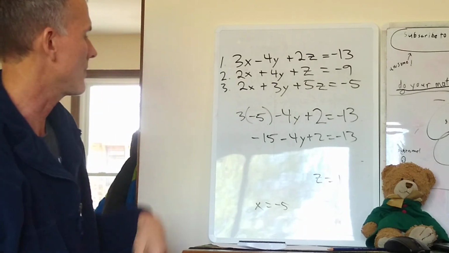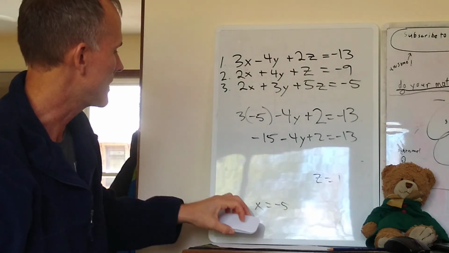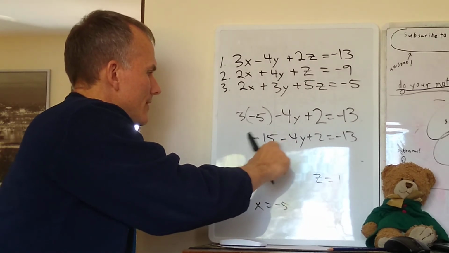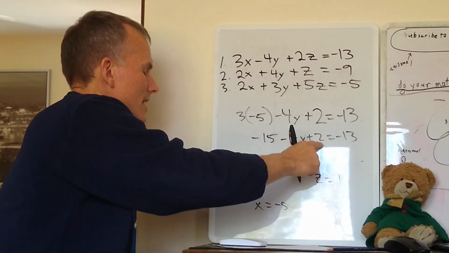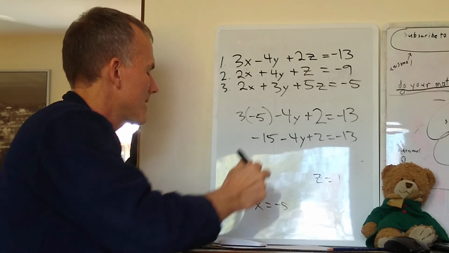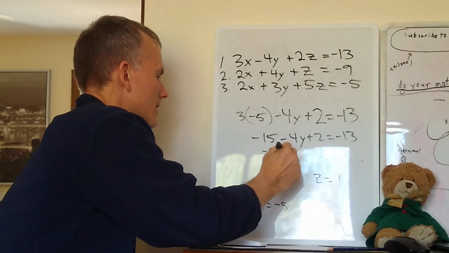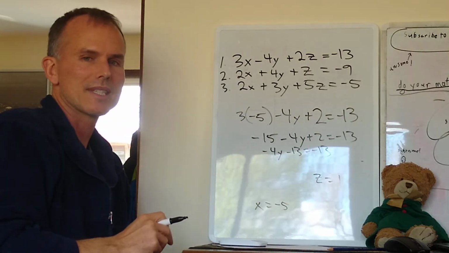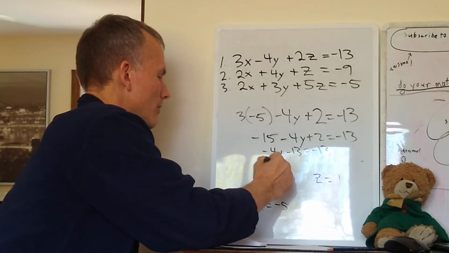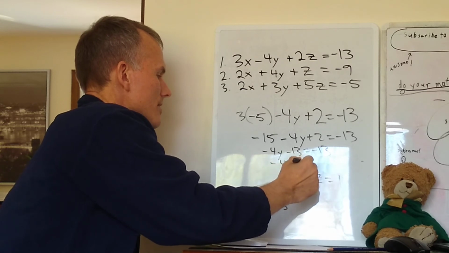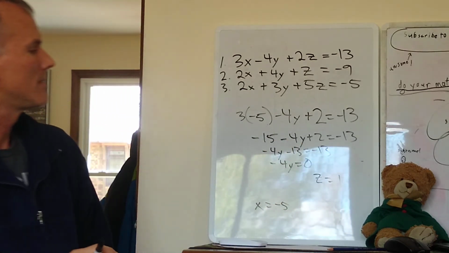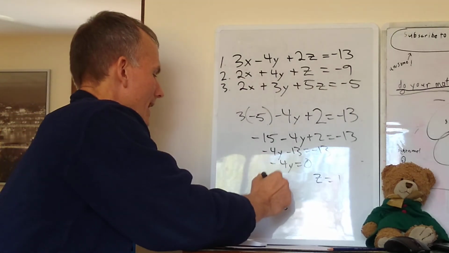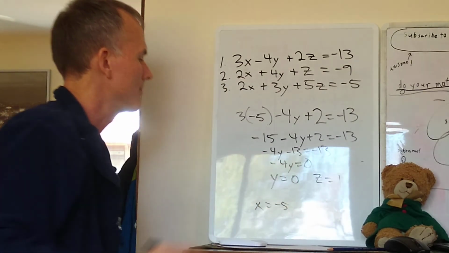Negative 15 plus 2 makes negative 13. So I have negative 4y minus 13 equals negative 13. If I add 13 to both sides, I get negative 4y equals 0. Then if I divide both sides by negative 4, I get y equals 0.